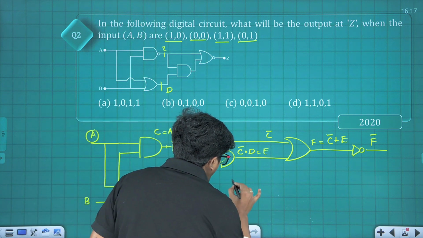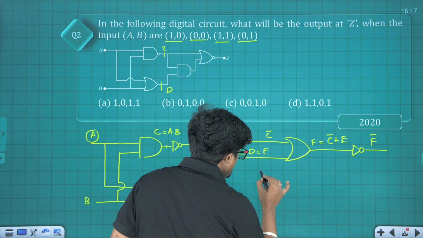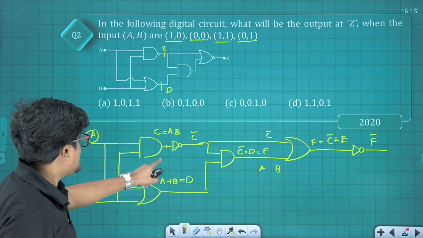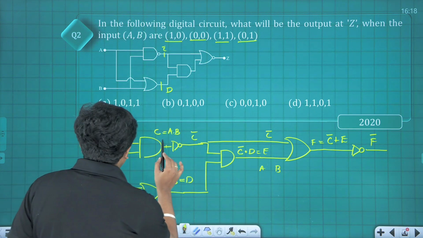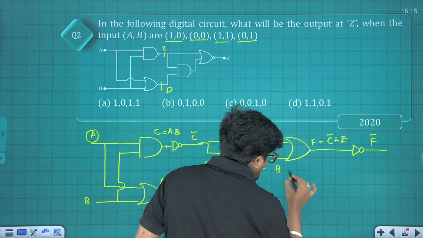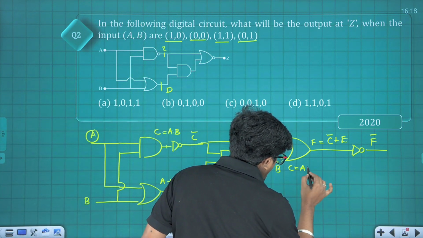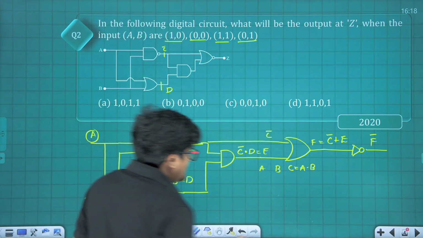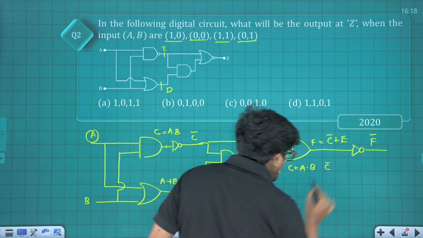For that I have got, of course, A and B. Now we are having, first of all, C, that's equal to A dot B. Then I am having C bar.